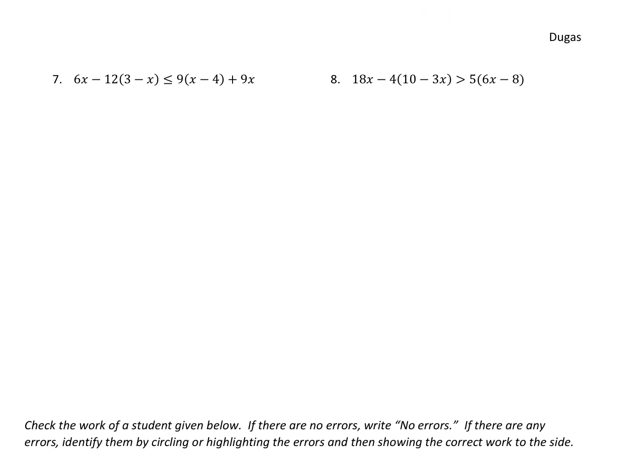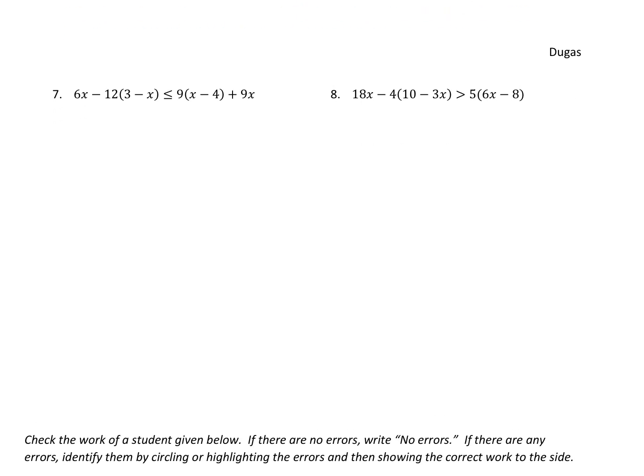All right, number 7. So we're going to distribute the negative 12 on the left, and we're going to distribute the 9 on the right. This will give us 6x minus 36 plus 12x is less than or equal to 9x minus 36 plus 9x.